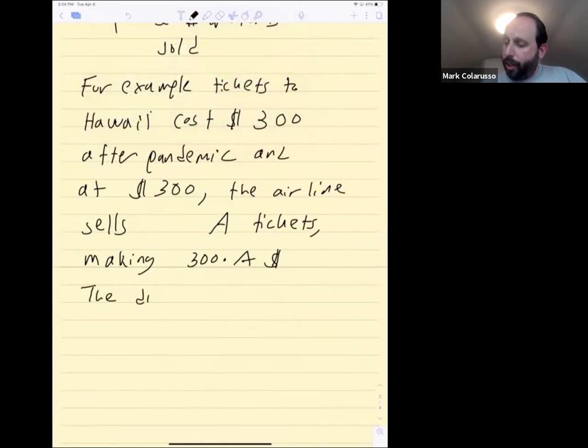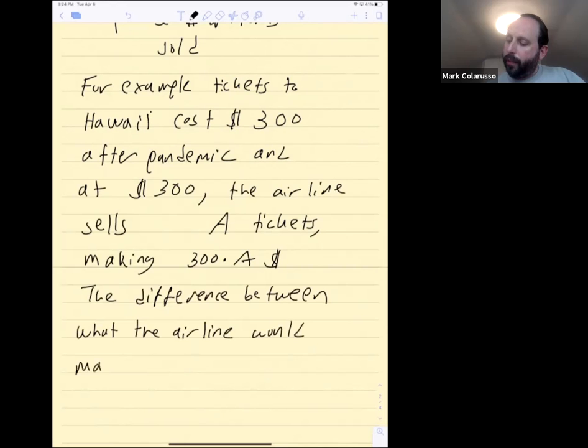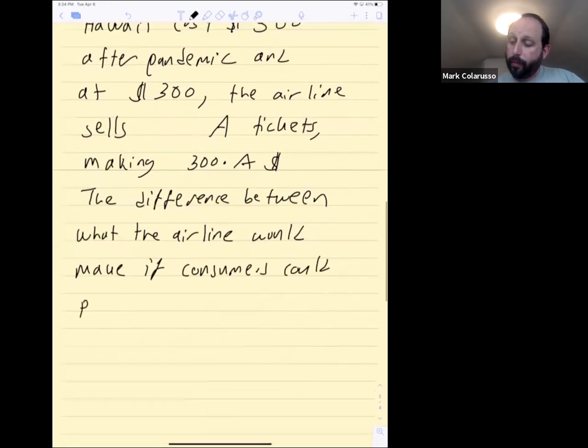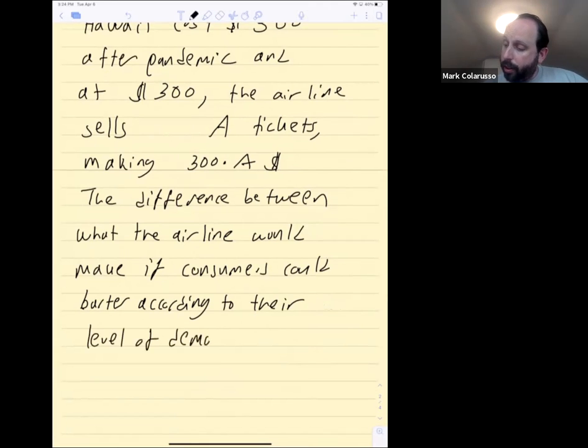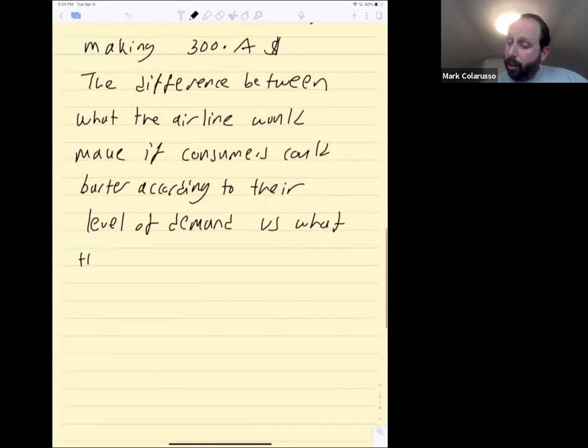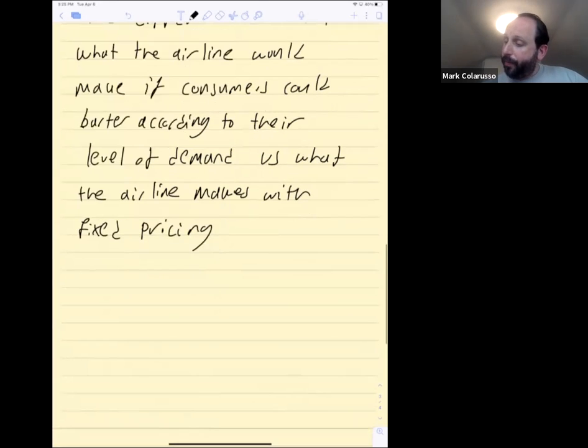So the difference between what the airline would make if consumers could barter according to their level of demand, like you really, really want to go to Hawaii, so you're willing to pay more, versus what the airline makes with fixed pricing, and I say fixed in quotes because the price changes, but it's somewhat fixed, is called the consumer surplus.